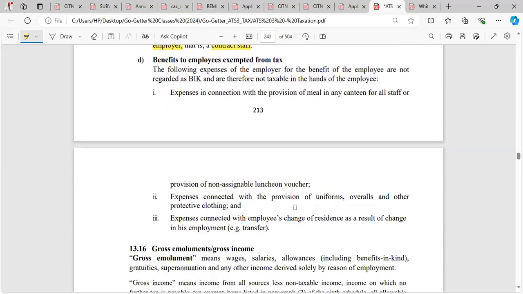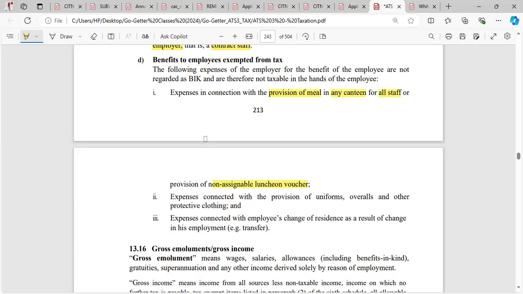Now look at benefits exempted from tax. Benefits to employees exempt from tax. Now, these benefits are also benefits in kind, but they are not taxable. Expenses in connection with the provision of meal in any canteen. Now take note, for all staff, or provision of non-assignable luncheon voucher.